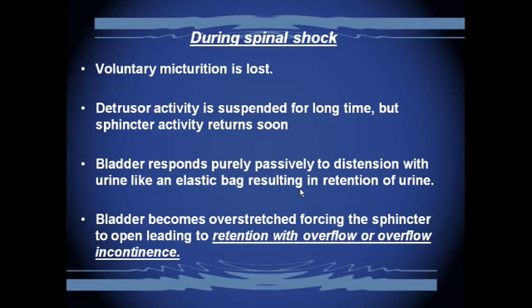There will be no detrusor contraction, it will keep on filling like a bag, and the sphincter will be contracted, so there will be retention of urine. And the same thing happens again: it will be overfilled, and because of the pressure the sphincter will open a bit, and then it will overflow, which is overflow incontinence.